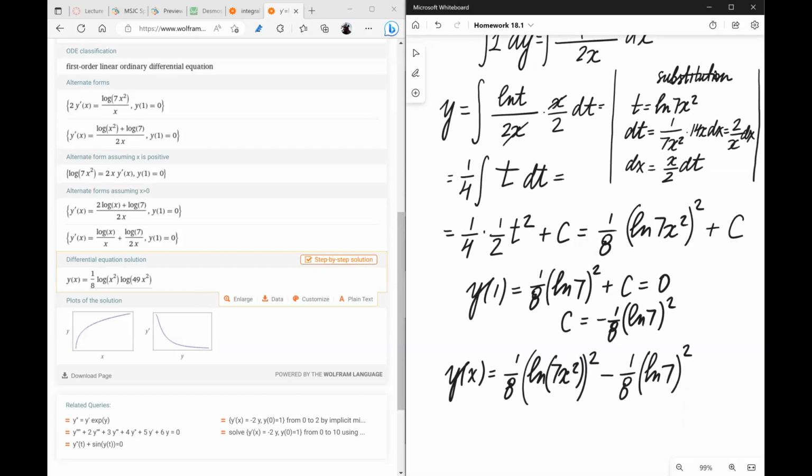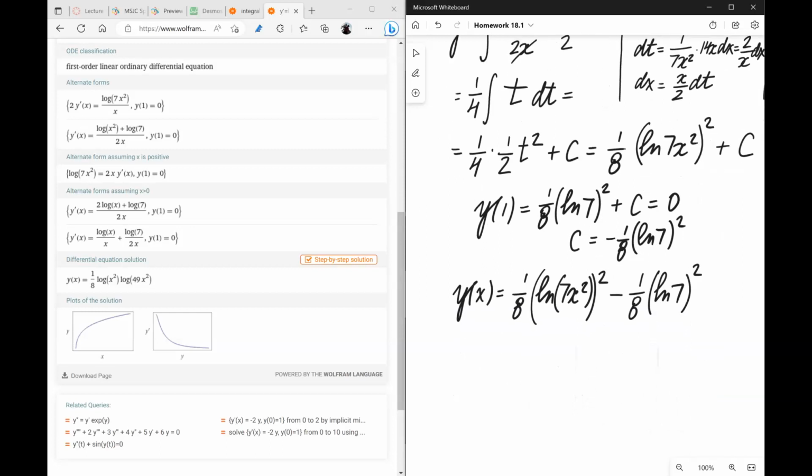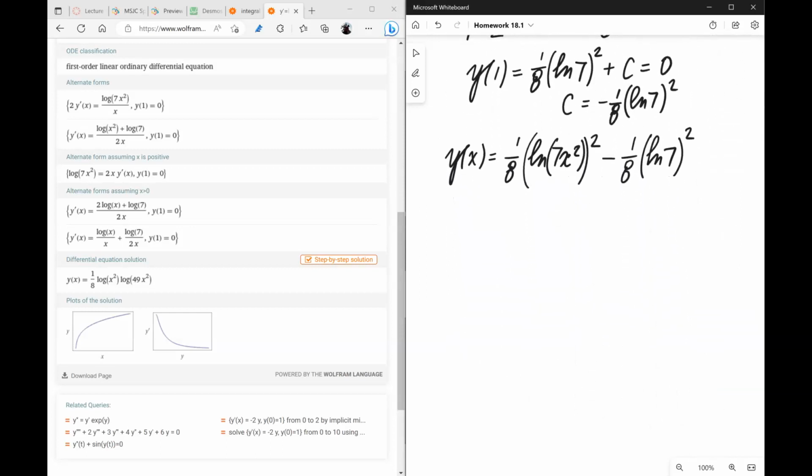So this is actually a pretty interesting observation. Let me show you. Just to redeem myself and Wolfram Alpha, let me show you how this can be simplified. We can take out 1/8, and we can use the difference of squares formula to write it as the difference multiplied by the sum.